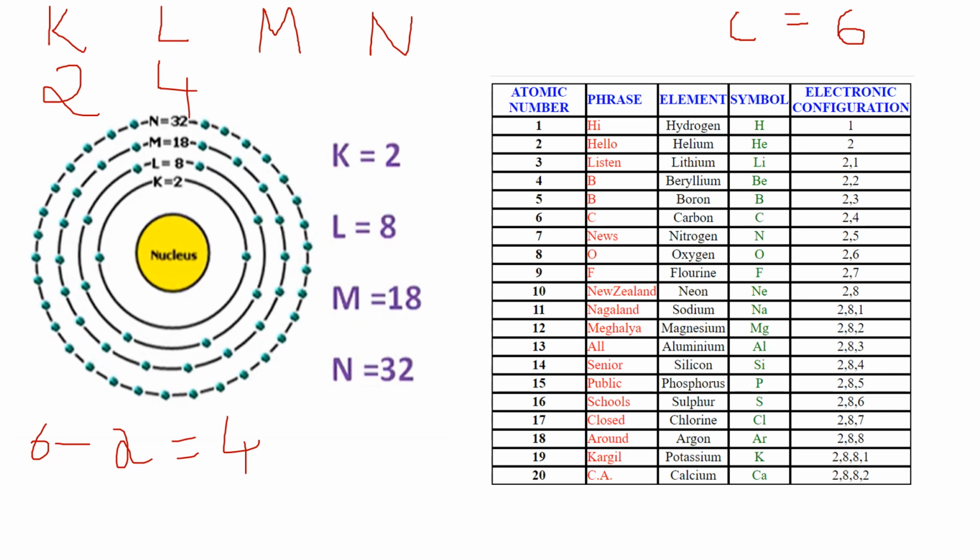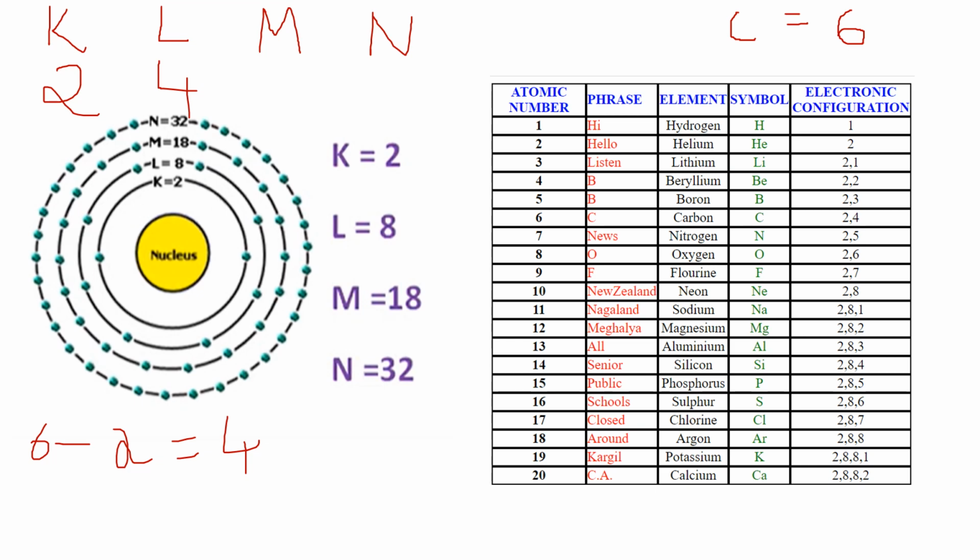So from 6 electrons, 2 have been filled in the K shell, and the remaining 4 are present in the L shell. Like this, we can write the electronic configuration of carbon: 2, 4.